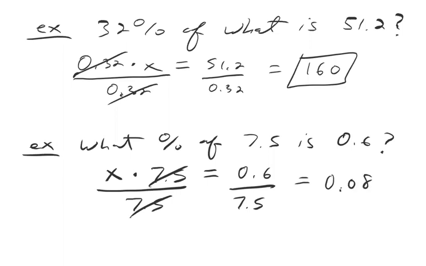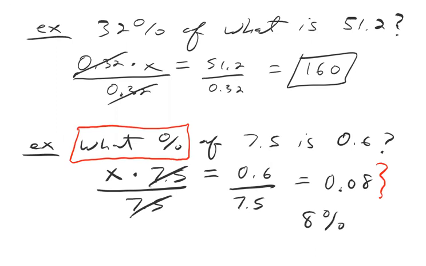That's not my final answer because remember, they asked me for what percent. And in math land, this is going to be in decimal form, so I have to change it to percent land. 0.08 is 8%. So your answers should be 160 and 8%, the two different answers. Okay.